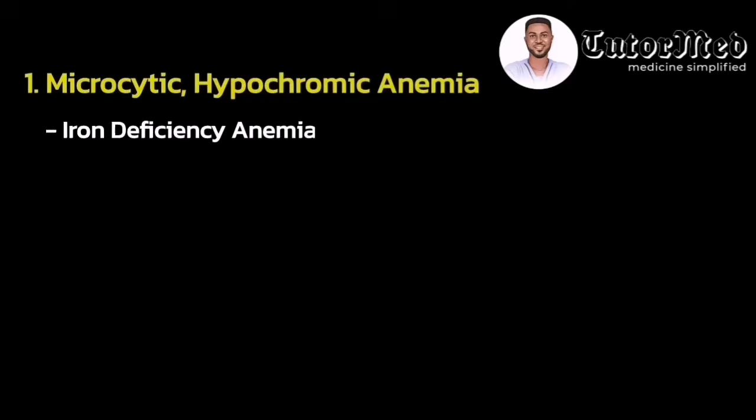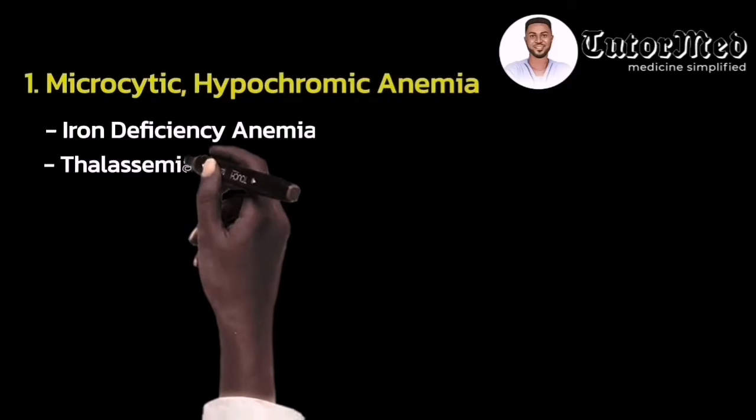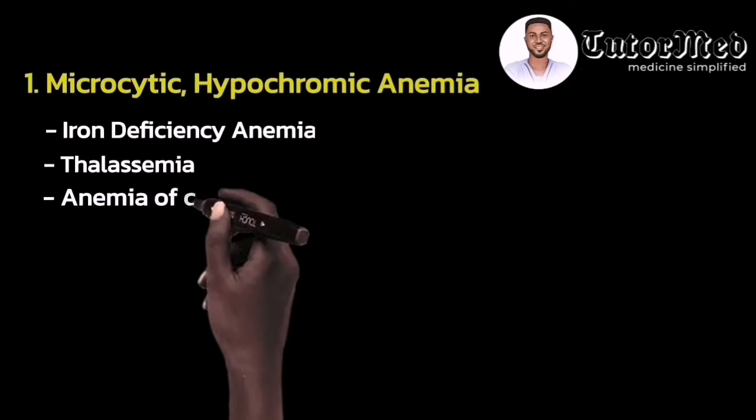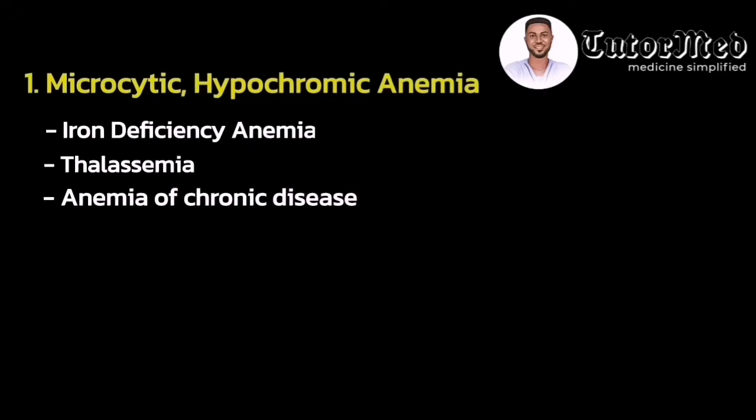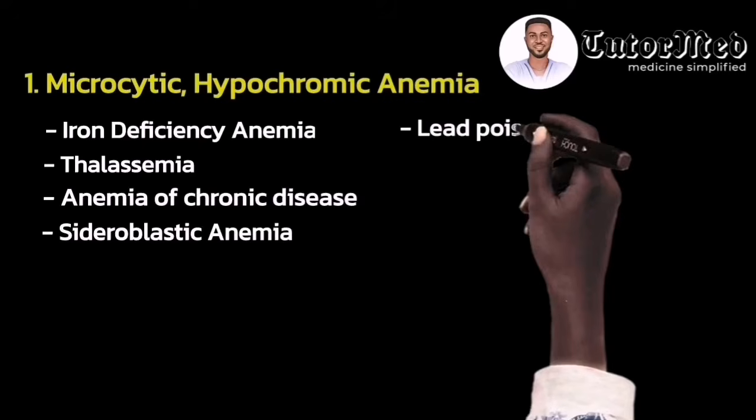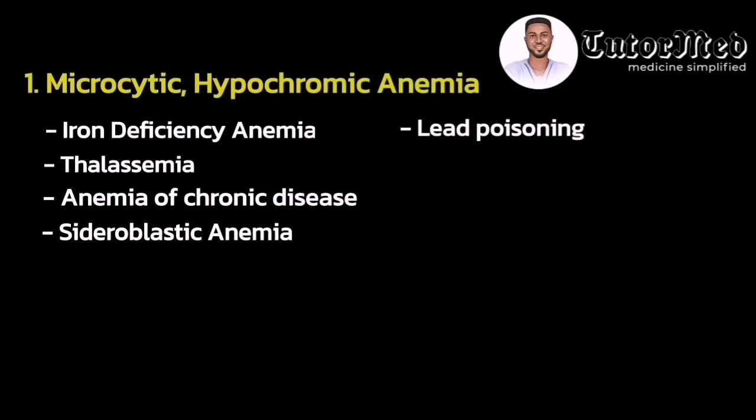The other causes are thalassemia, sometimes anemia of chronic disease, sideroblastic anemia, and sometimes lead poisoning. So the causes of microcytic hypochromic anemia can be remembered by the mnemonic TAILS.